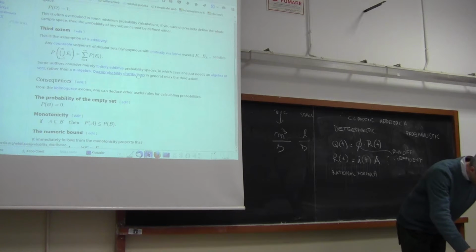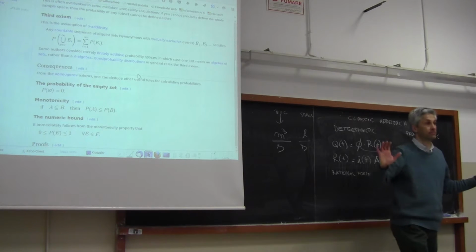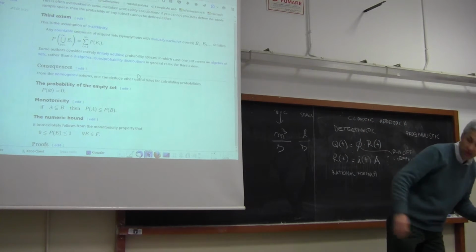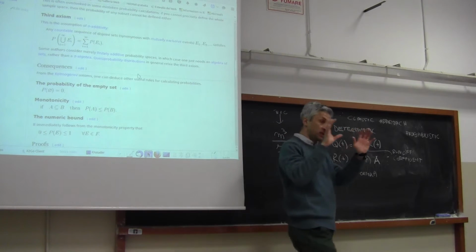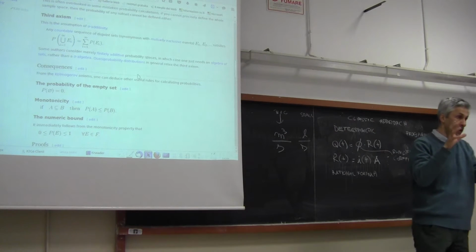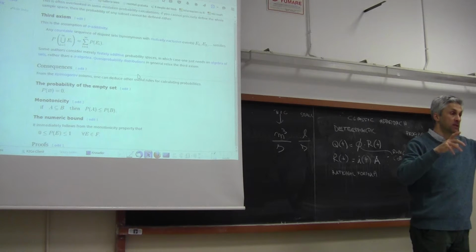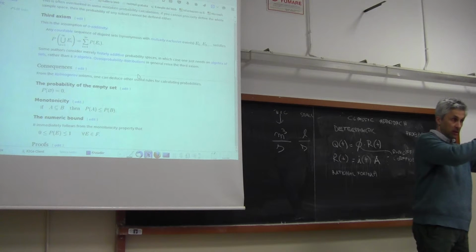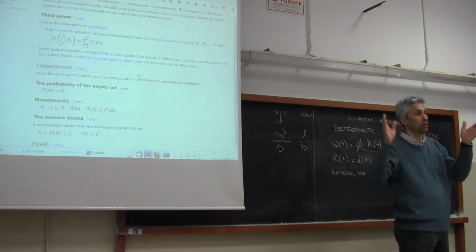This is what the third axiom says. And that's it. These are the conditions. Then there are some implications that are written here. So the definition is very flexible. Your number should be estimated in a way that it is comprised between 0 and 1, and the additive property holds.